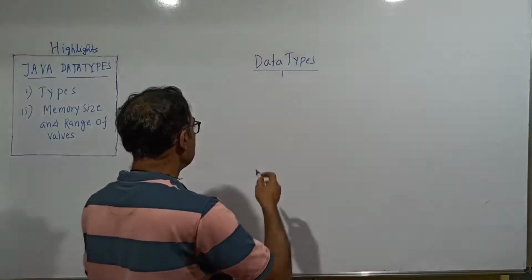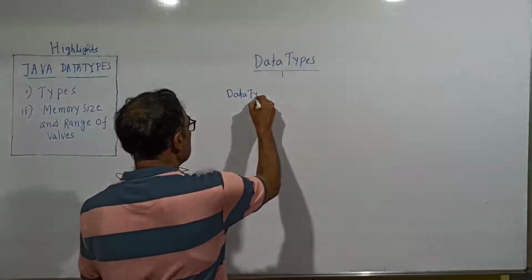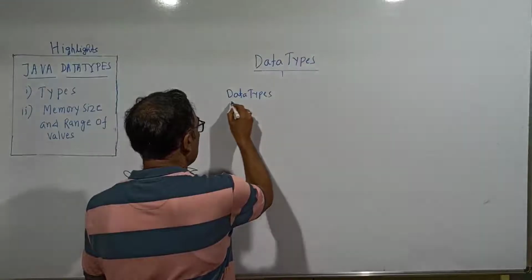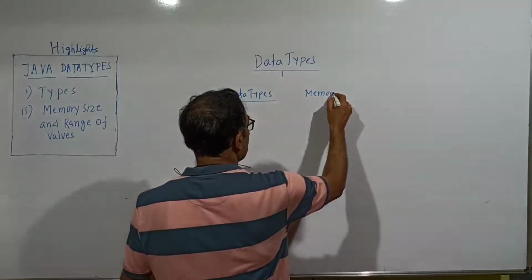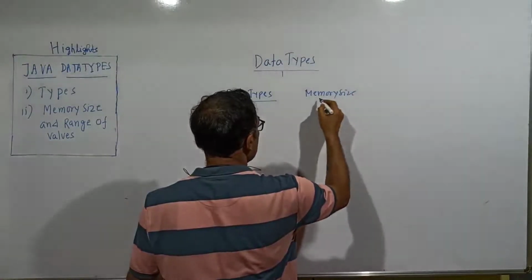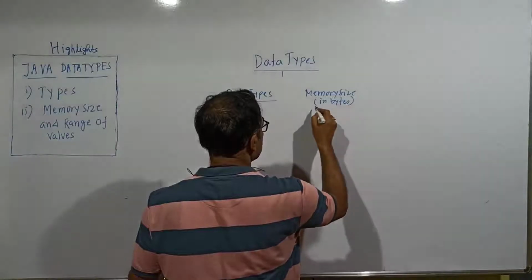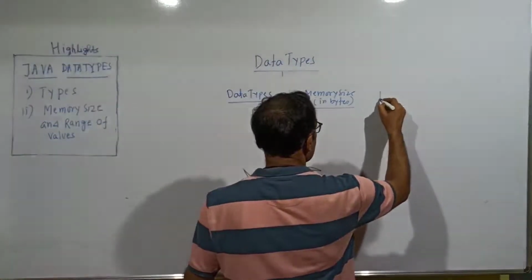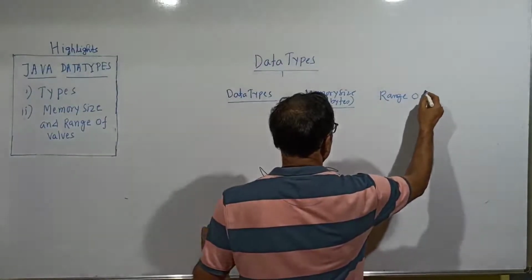It's like this. We write here data types, then memory size in bytes, and then range of values.